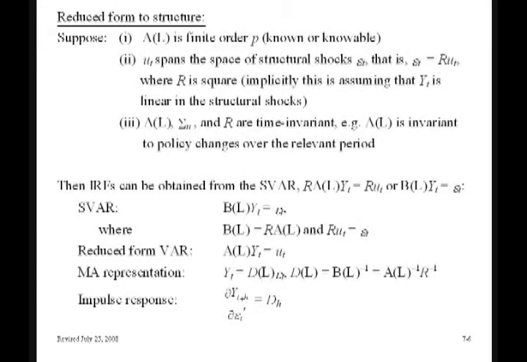So with that, using this relationship between the structural shocks and the reduced form innovations, it's possible for us to go from the reduced form autoregression to the structural autoregression simply by pre-multiplying both sides of the reduced form VAR by R, and getting the structural vector autoregression.